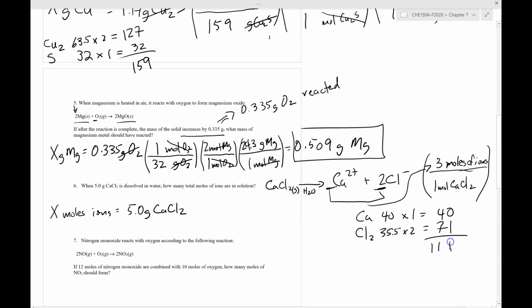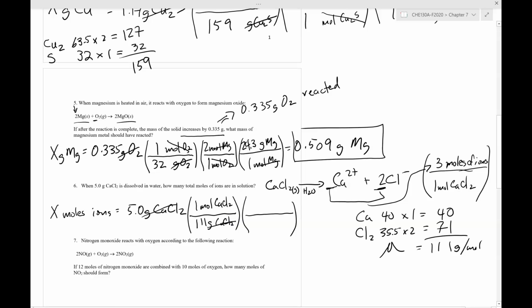That is 111, I think, and that is our molar mass of calcium chloride. Again, in chemistry, frequently the math isn't terribly hard. It's just that it's all different for each substance, and you've got to figure out what the numbers are that apply, like the molar mass in this case. The good news is we give you the periodic table on the wall, so you can do that. Once you figure out how to do that, you're usually in pretty good shape.